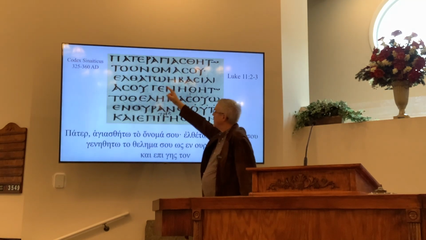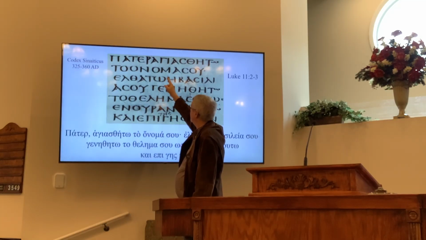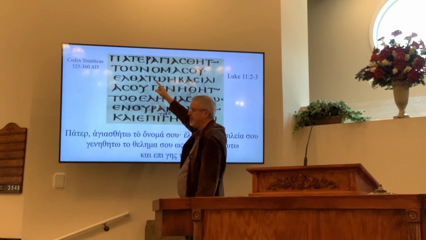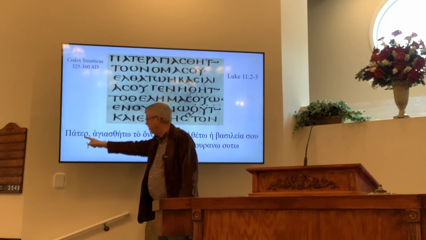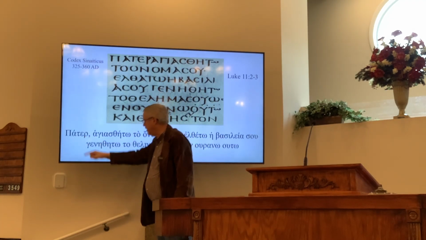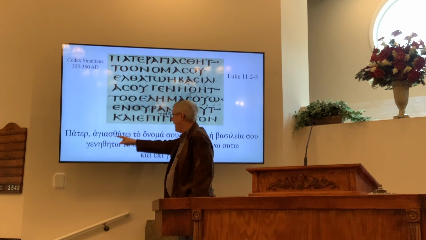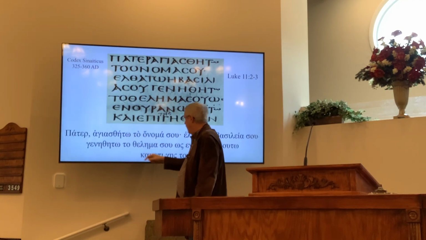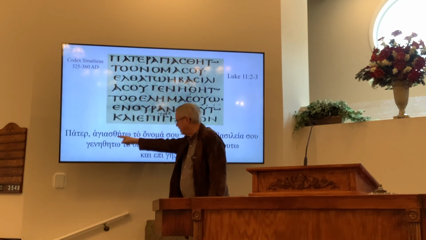You can see pi at the very top, pi alpha tau epsilon rho alpha. Not Petra, I'm sorry, pater, ending with the rho. Here it is, I put it down here. That is father, and this is Hagiasthēto, that it is holy, your name is holy.